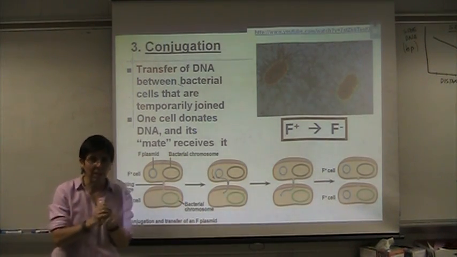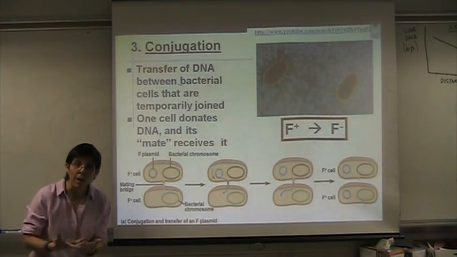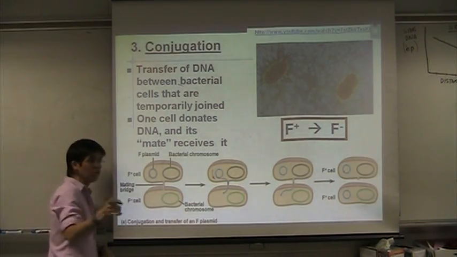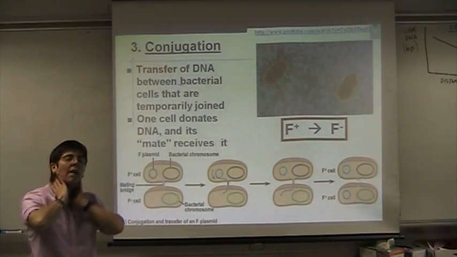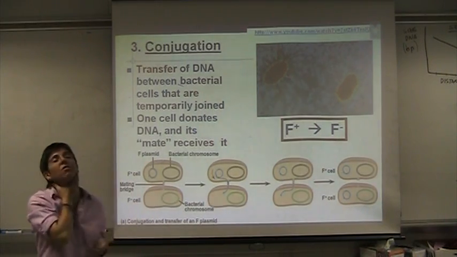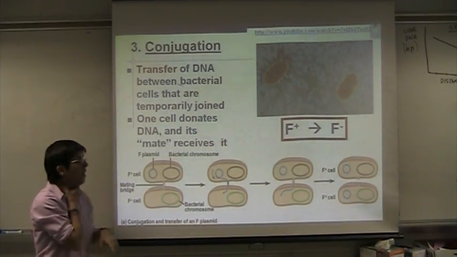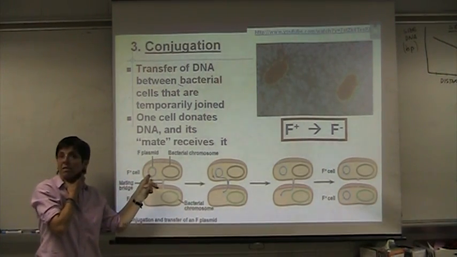A lot of the genes that help the bacteria survive antibiotics are carried in plasmids. So picture yourself, you have a strep throat infection with the Streptococcus pyogenes, you have all these bacteria here, and imagine that you have one bacteria that is resistant.